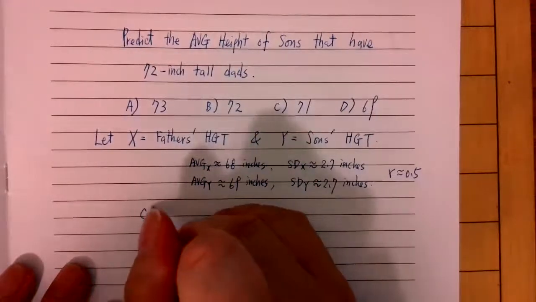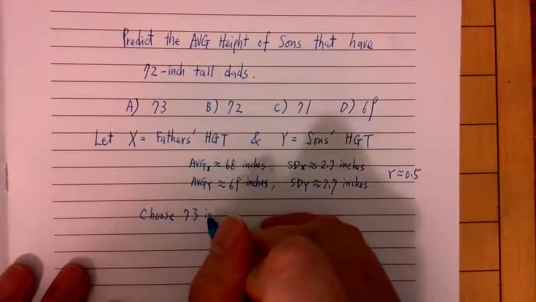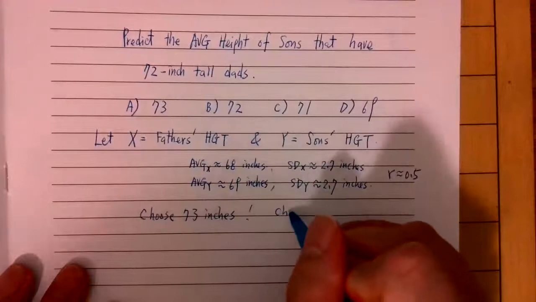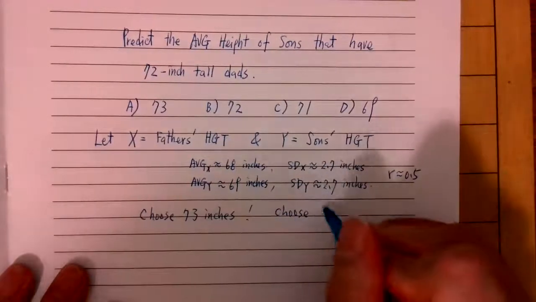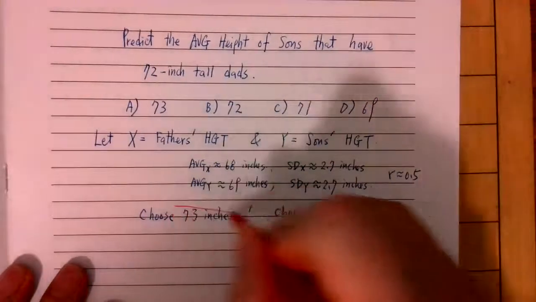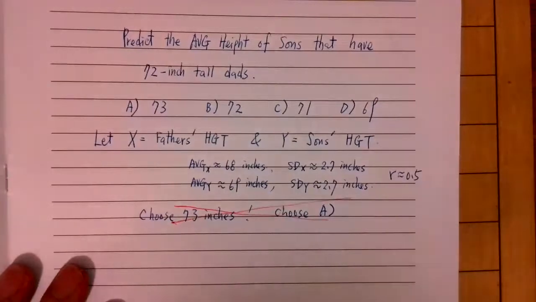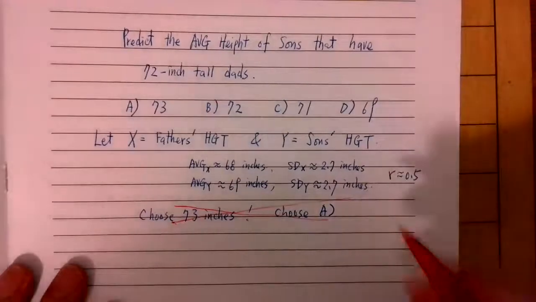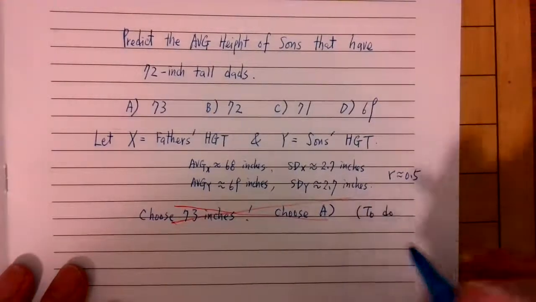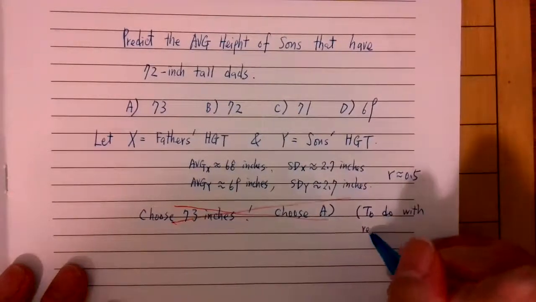So the person probably chooses 73 inches tall. It looks like a good choice, okay? But you know what? This is wrong. Why is this wrong? This has something to do with the regression effect.